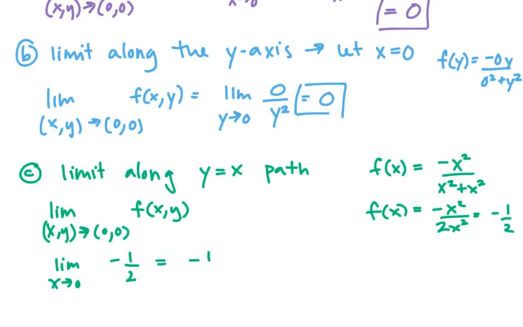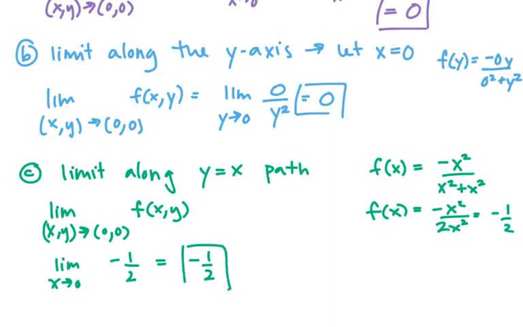And of course, that's going to be negative 1/2. So just to reiterate what I did there, I said I'm going to look at where y is equal to x on that path. If y is equal to x, my y's are going to turn into x's. My function turns into negative 1/2. So I'm just calculating the limit of that function, negative 1/2, which is negative 1/2.